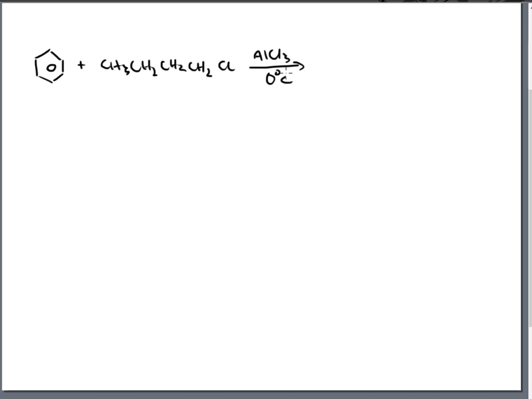So if I told you at this point, what's the product? You're going to look at this and say, oh, I know, this is pretty easy. I'm going to take my benzene, so here we go, and there's the hydrogen that comes off of that benzene, and I'm going to get rid of it. And what goes on, this chlorine leaves, and here is the R group. So CH2, CH2, CH2, CH3.